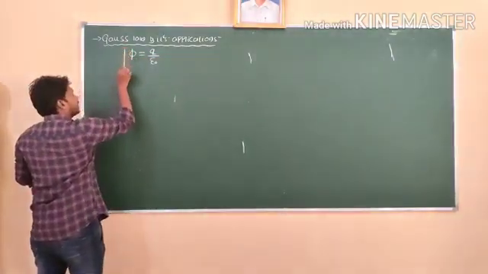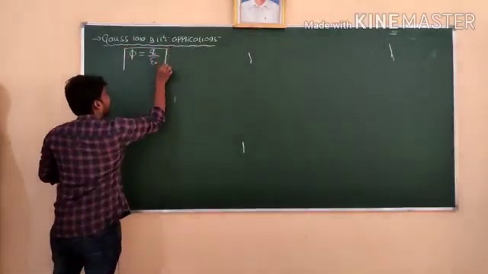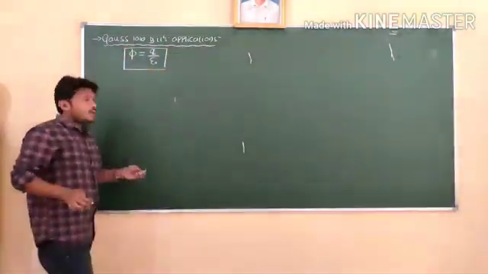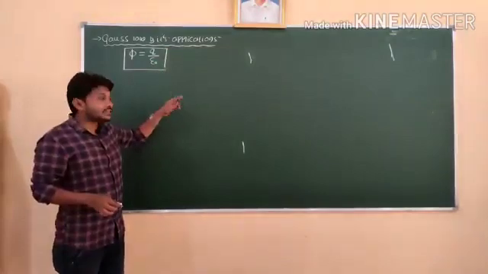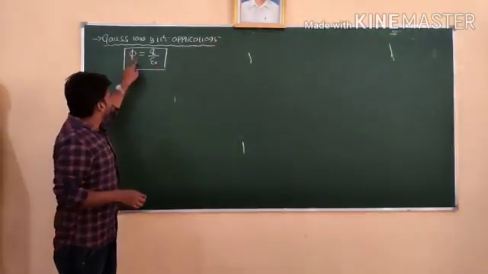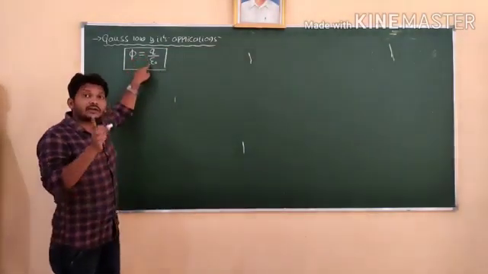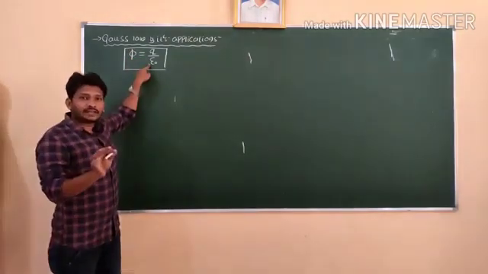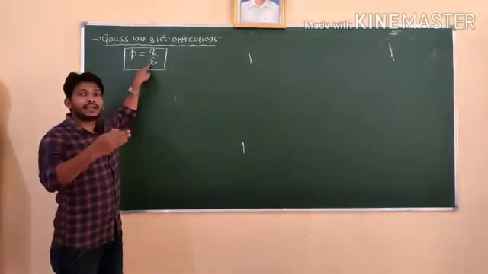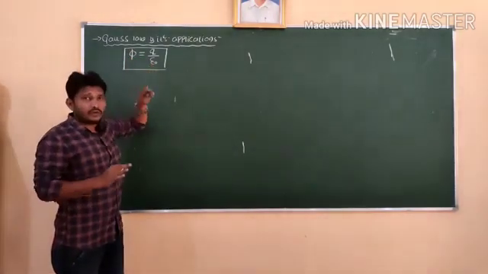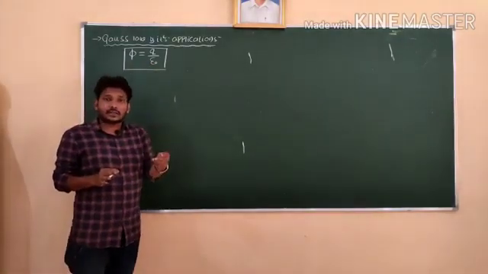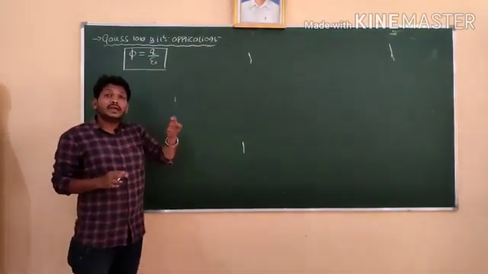In the last class I derived this equation. Now let me consider what physical meaning we need to understand from this Gauss law. Phi is equal to Q by epsilon naught. It means that electric flux is independent of the shape and size of the body. Whatever the shape and size of the body, the flux value remains the same.